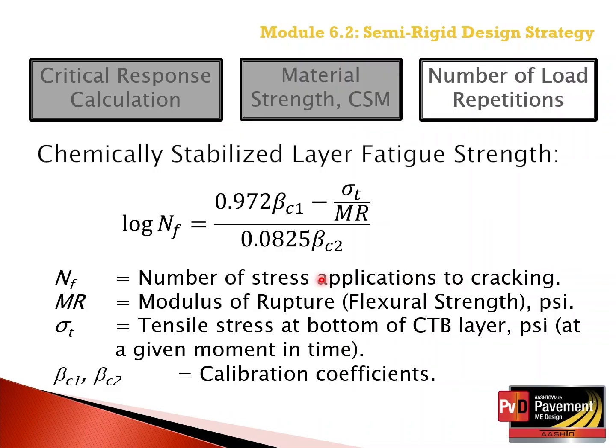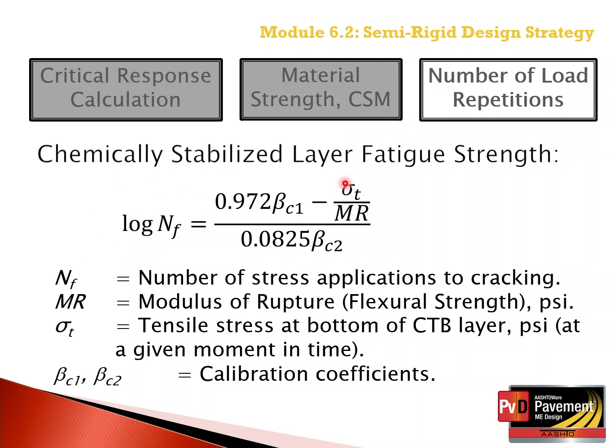So in summary, the MEPDG fatigue model for chemically stabilized material is used to determine the allowable number of load applications. This regression equation was defined from field loadings and, more importantly, laboratory testing of chemically stabilized mixtures, which is shown on this slide. So the allowable number of stress applications to failure or cracking is defined by this regression equation.